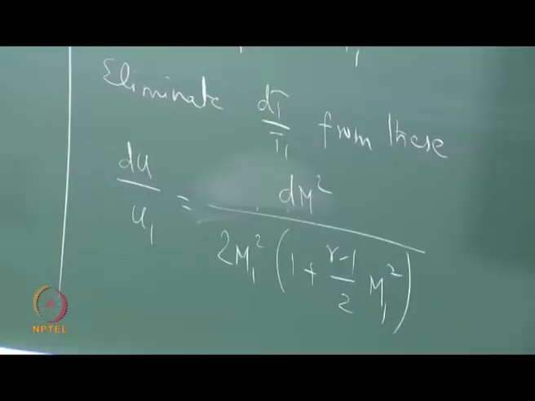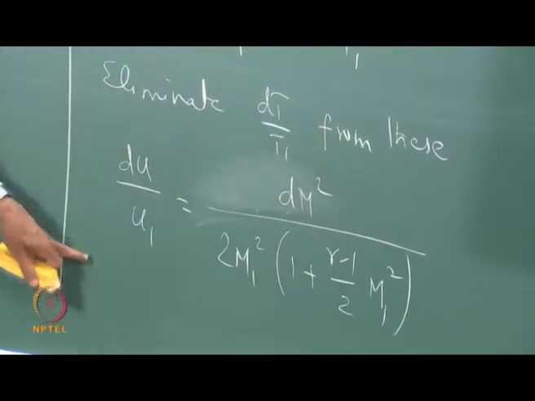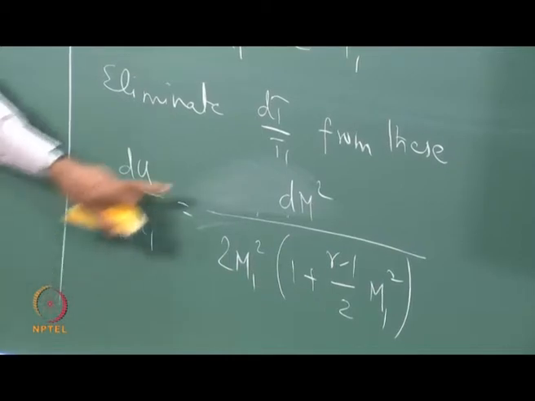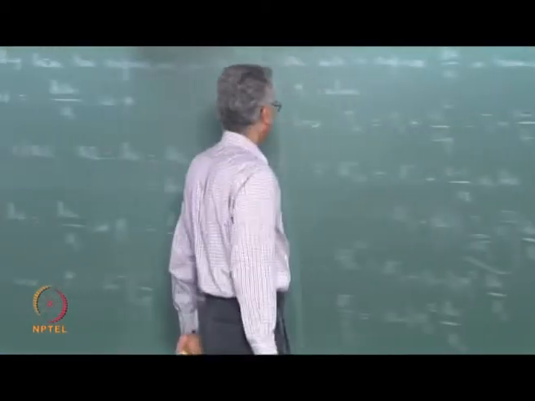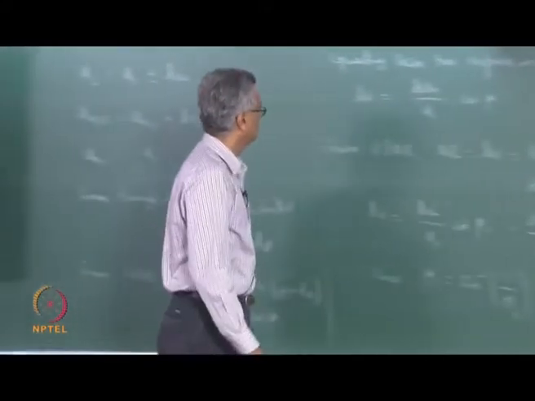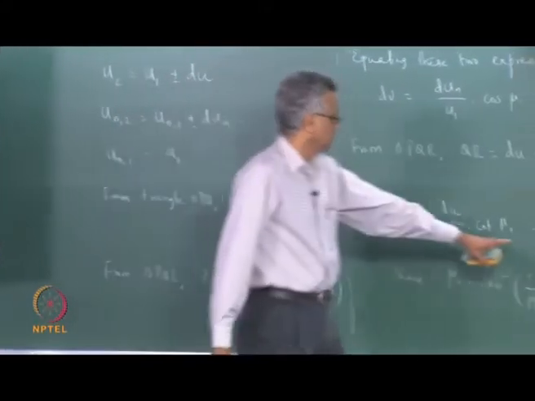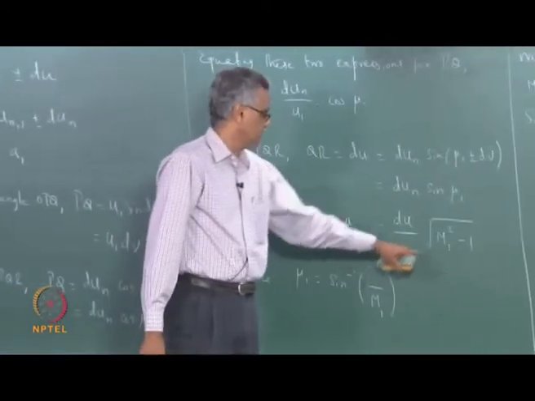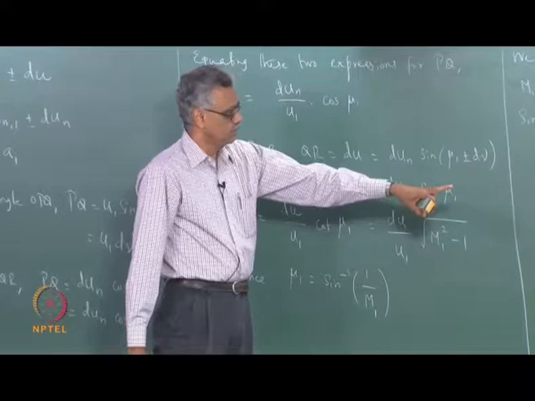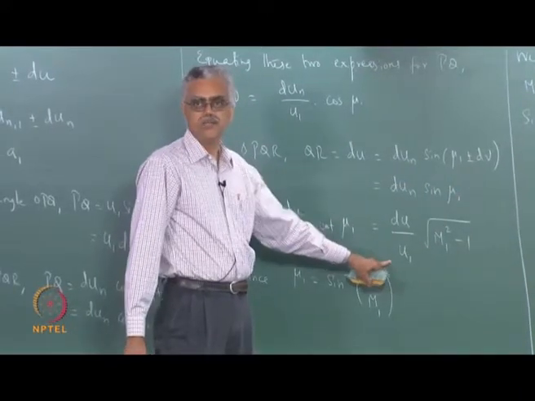So finally, this is in the form in which I want it, du over u as a function of M1 alone. So I can take that and substitute that into this relationship here. d nu is equal to du over u times this. So I can substitute for du over u from there into this, and I will be able to proceed and integrate. Let us do that next.